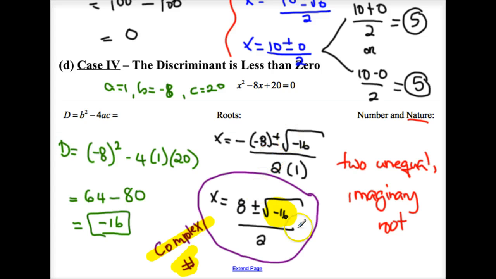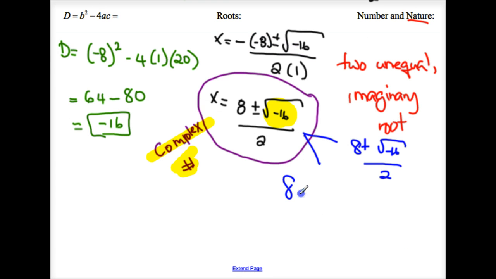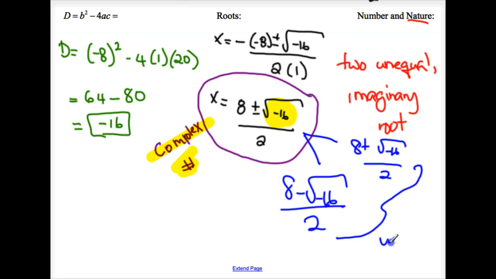Because if I was to break this out, just to show you why, I would have gotten 8 plus the square root of negative 16 over 2, or I would have gotten 8 minus the square root of negative 16 over 2. So it would have been 2. This is what makes it unequal.